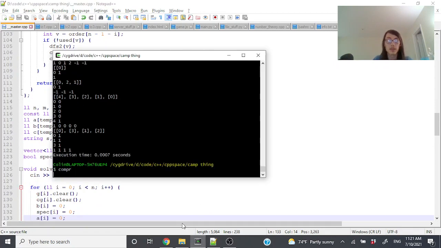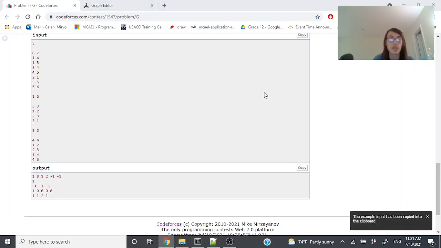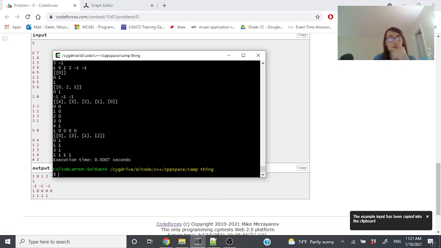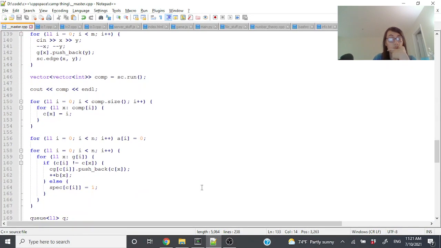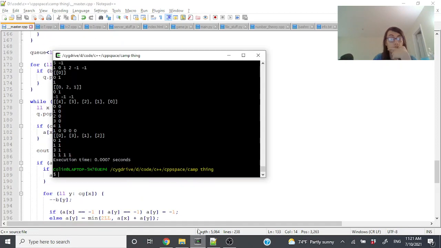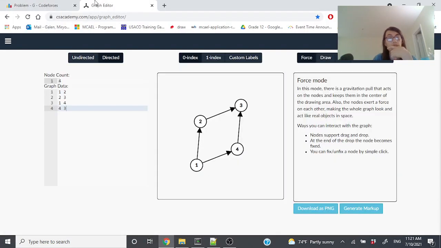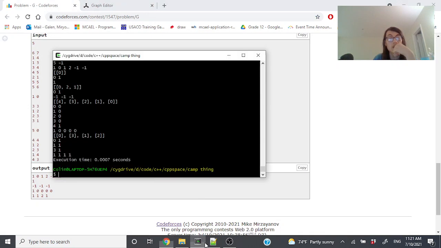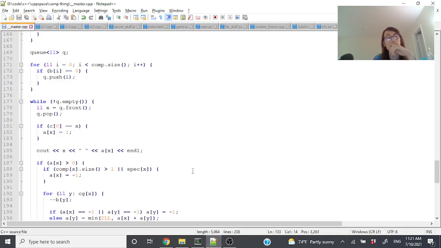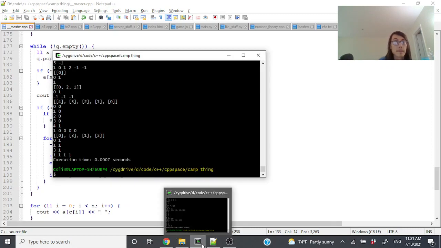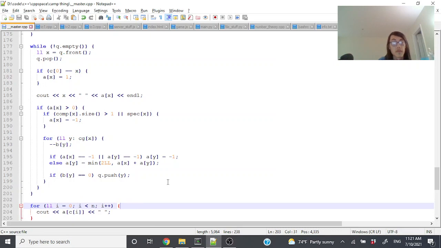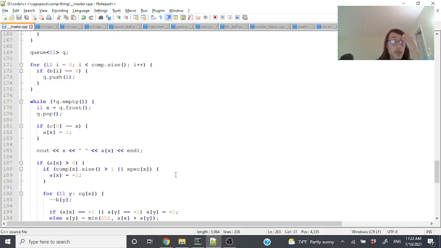Okay, I'm gonna have to explicitly check multi-tests again. Wait, we're not visiting 2. Why are we not visiting it? Also, it's topological anyway, but whatever.